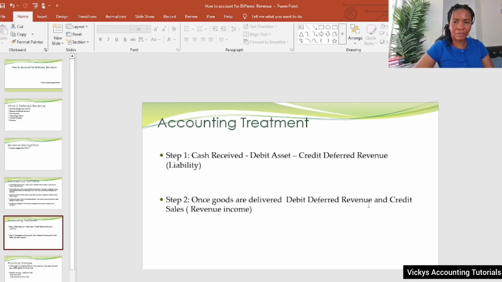It decreases, right? And what will be the corresponding credit entry? That will be the sales. Now we have earned this income, our sales has gone up, and we have to recognize the sales, because sales is usually a default credit balance. This is how to account for deferred revenue when you are paid months in advance.